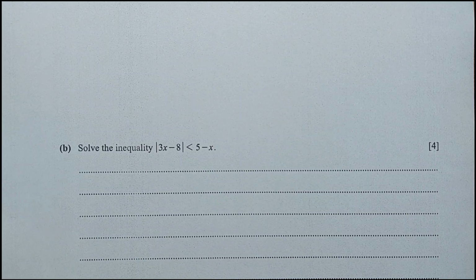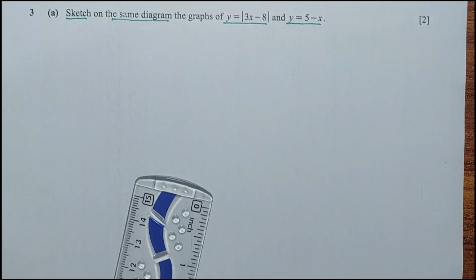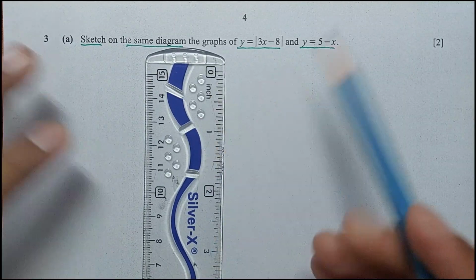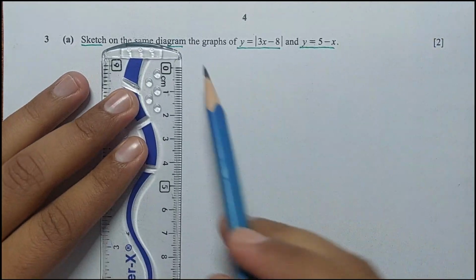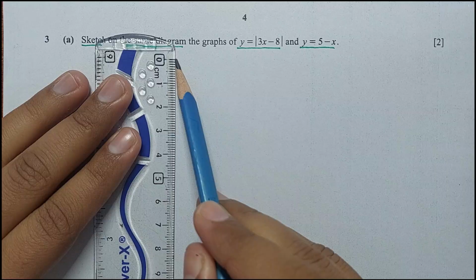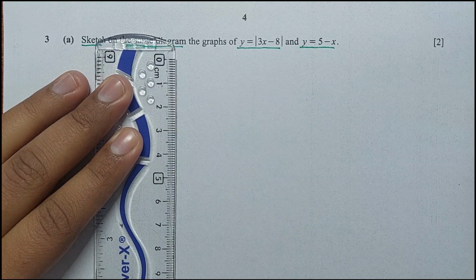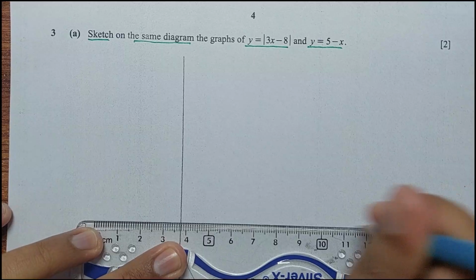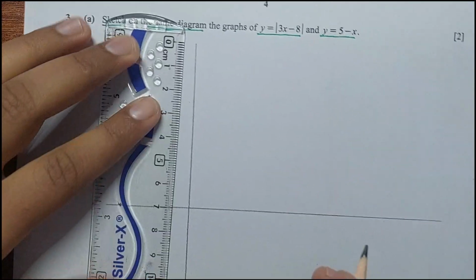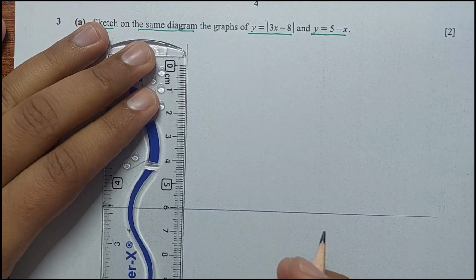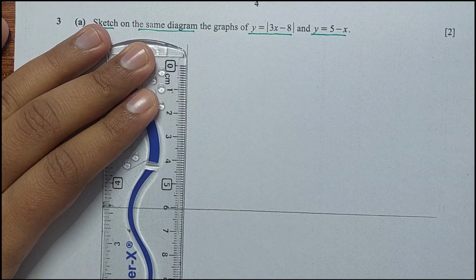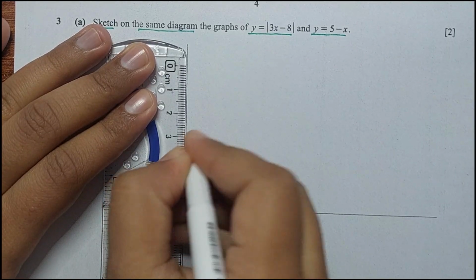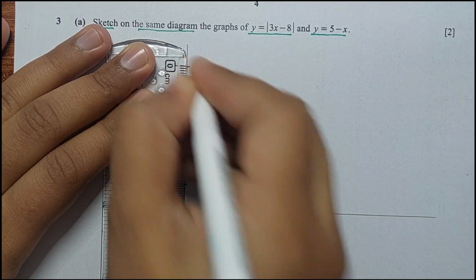Okay, let me draw the graph on the same diagram. Okay, now we need 8 and minus 8 for y, right? 2, 4, 6, 8, 10, 12.